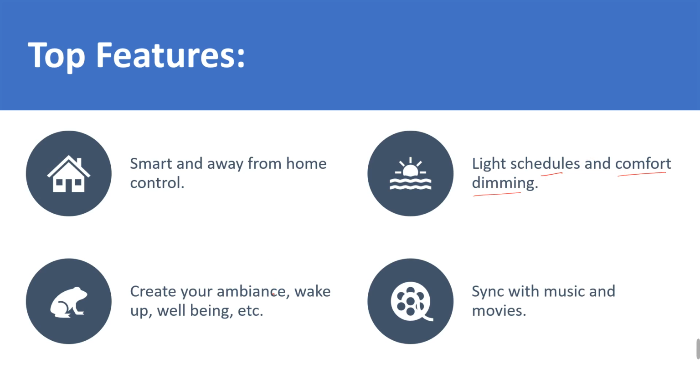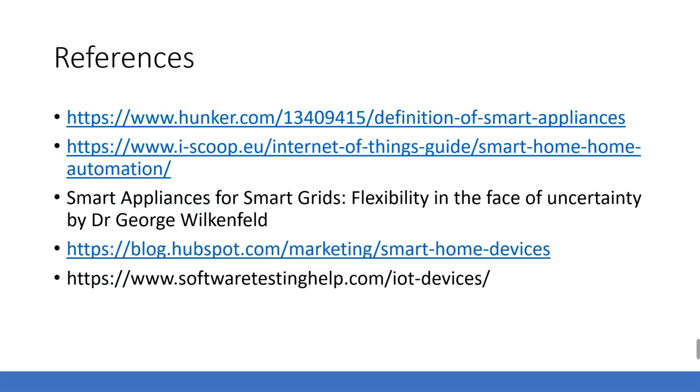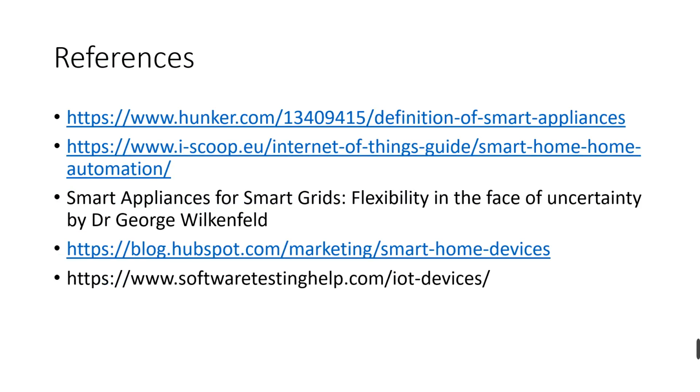They will adjust their intensity automatically. They can create your ambience, wake-up, and well-being. These lights can sync with music, and the lights will change according to the music if there is any music in the surroundings. These are the few references from where this complete video is prepared.